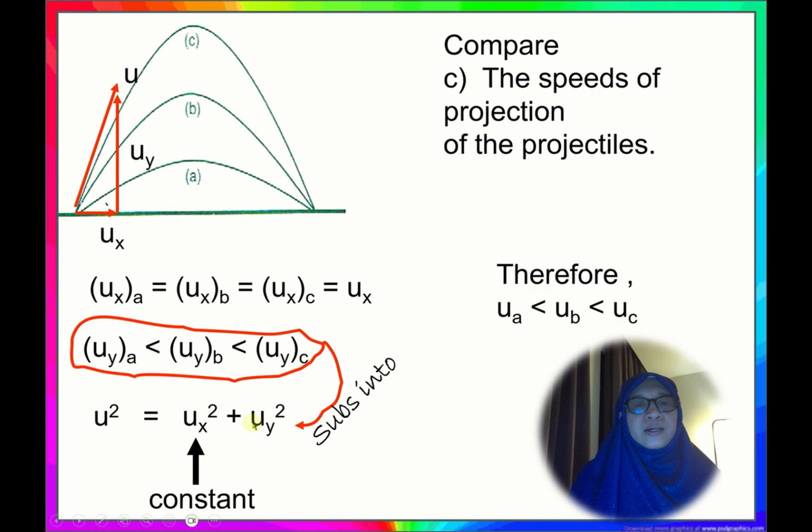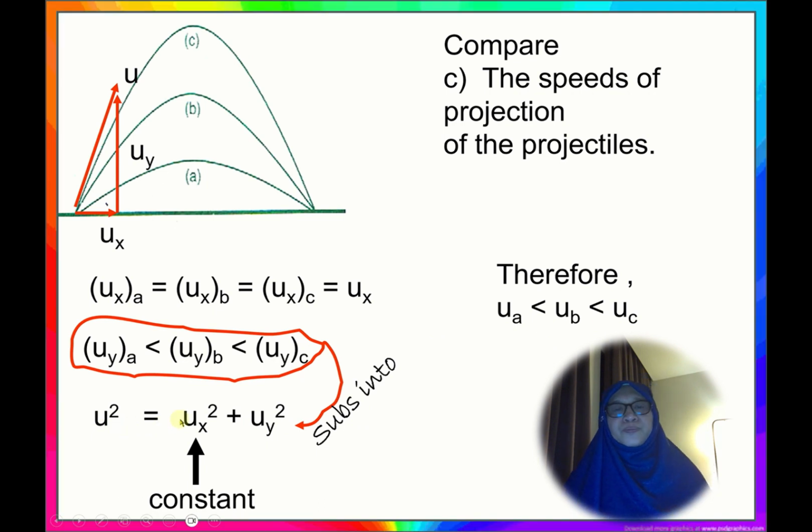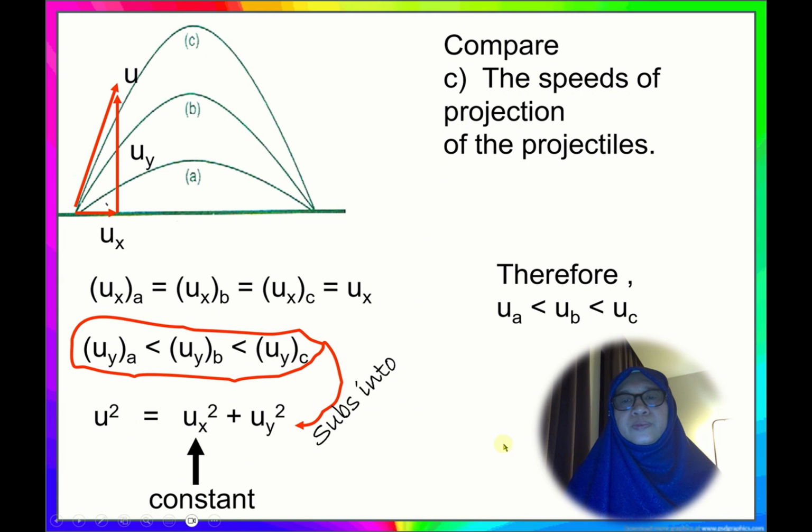So that means you will get uA also less. So uA is less than uB less than uC, because uy for A here is less, so this u also is less, because of the relationship here. Compare these two. So now we've answered question C.